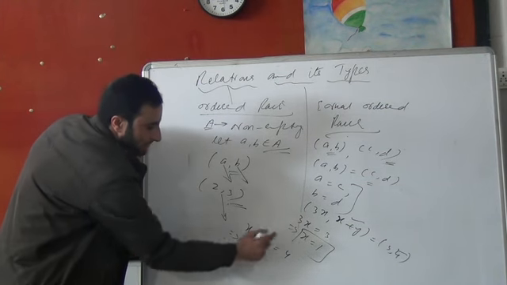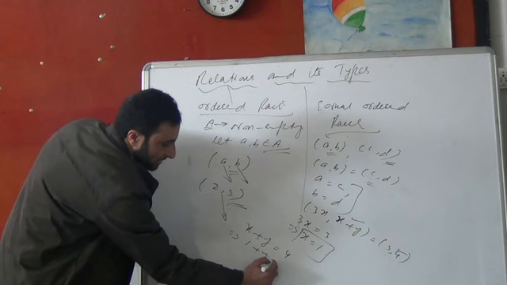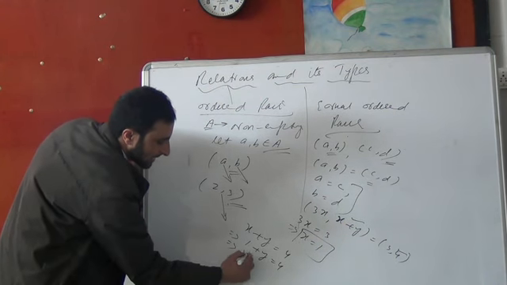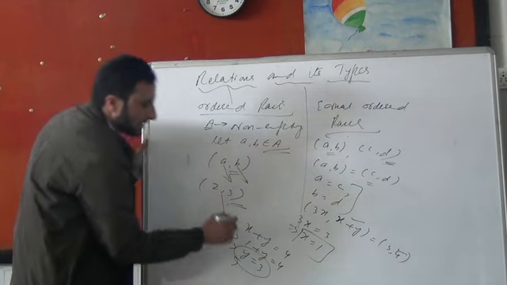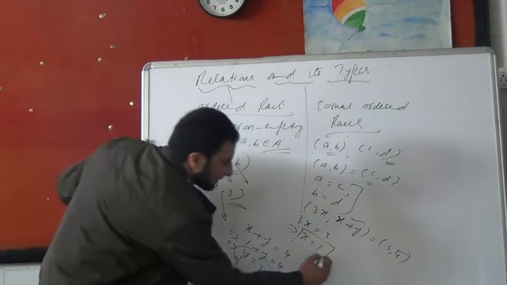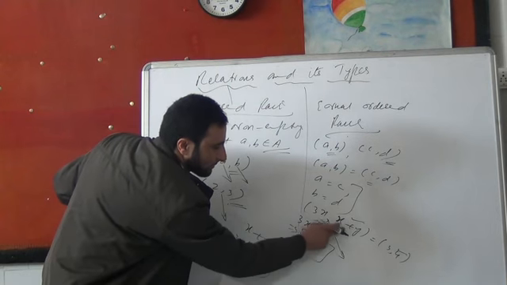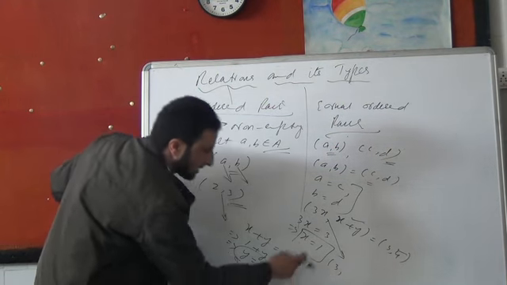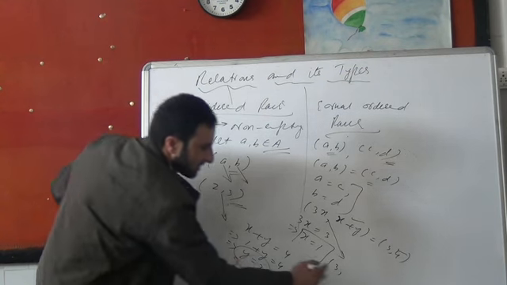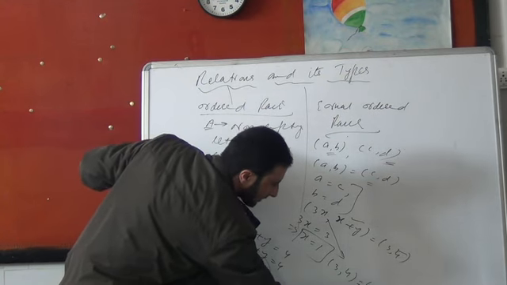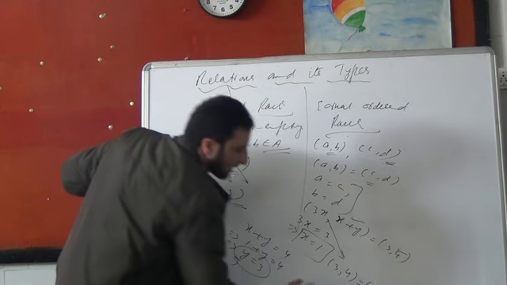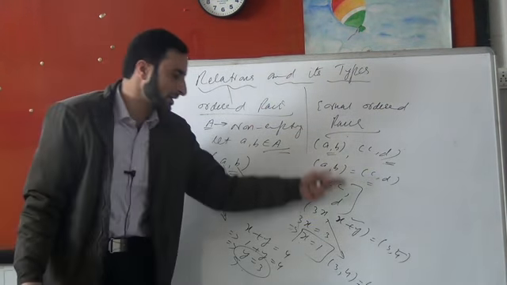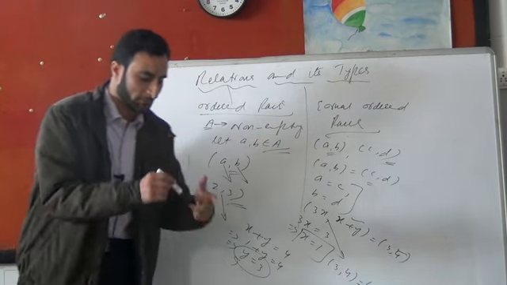Putting the value of x, that is 1 + y = 4, and hence the value of y is 3. Putting the values of x and y, it will be (3, 4) = (3, 4), and hence the two ordered pairs are clearly equal ordered pairs.